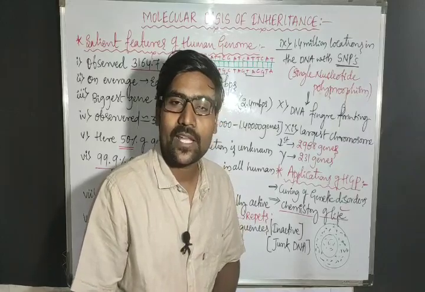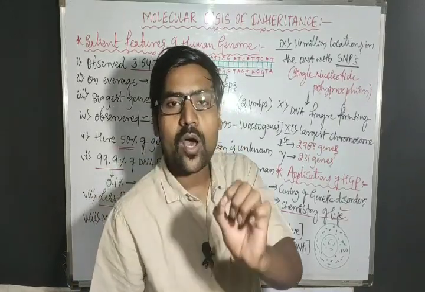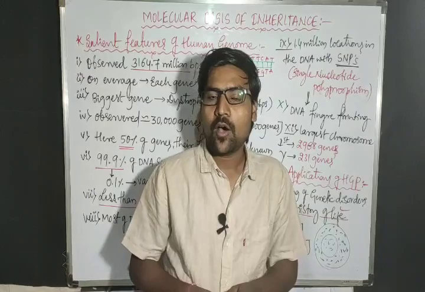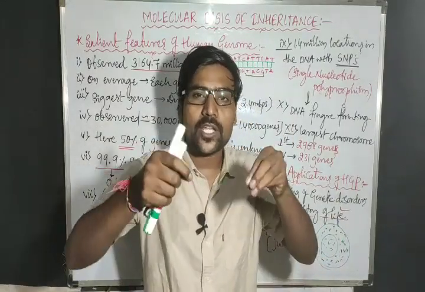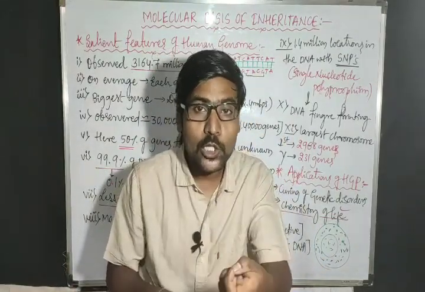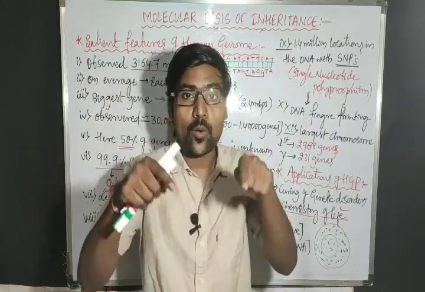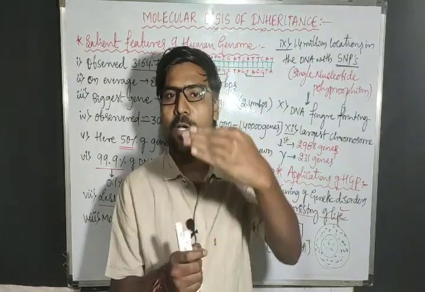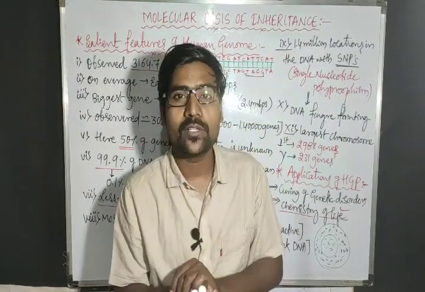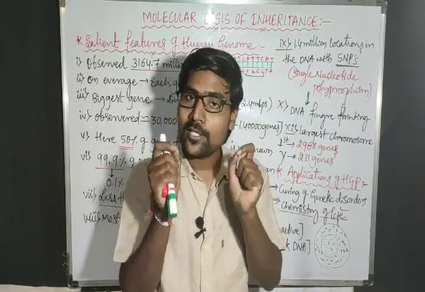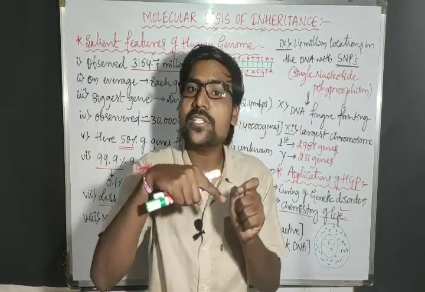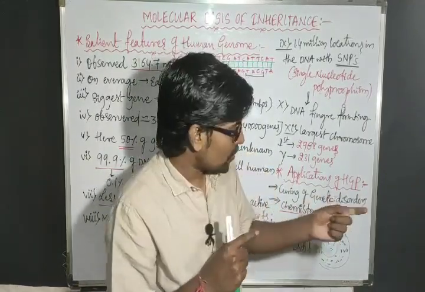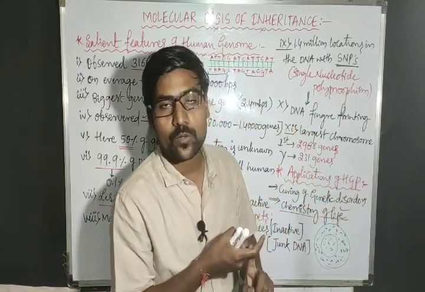In one tissue or one organ, all the cells are producing particular proteins. In one particular organ, how many cells are there? All the cells are producing a particular protein or particular enzyme or particular hormone. Why? Because in those cells particular genes are expressing. That we can understand by the Human Genome Project.